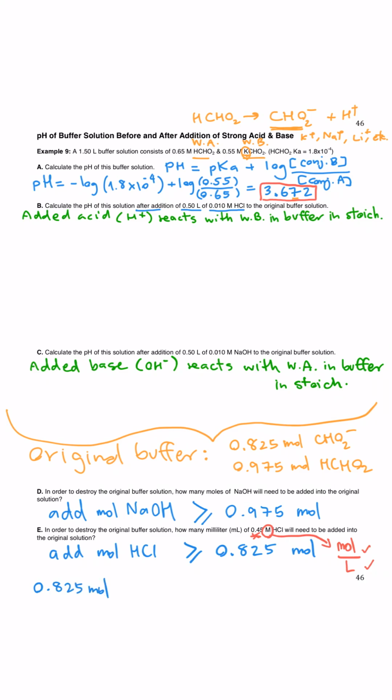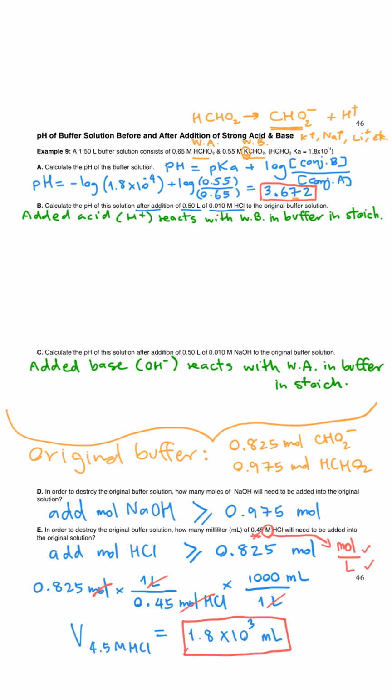And because we know that 1 liter of the hydrochloric acid solution contains 0.45 mole of hydrochloric acid, the mole will cancel out, then you are going to convert liter into milliliter, and you will get the volume of hydrochloric acid equal to 18,000 milliliters.